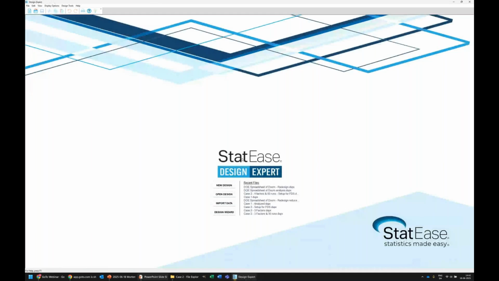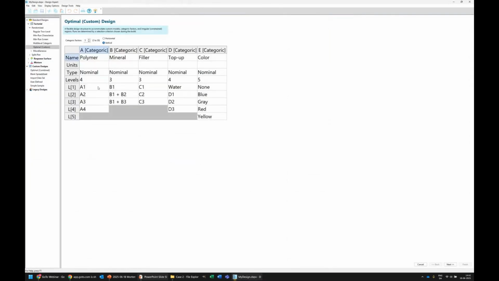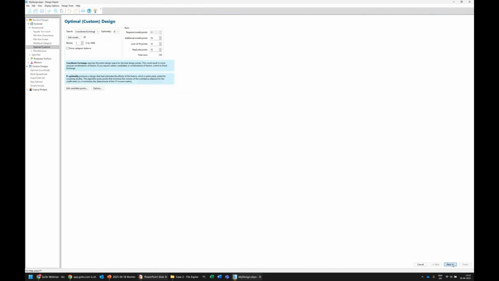So I've prepared another option here where we imagine it was possible to just remove 2 levels from this factor, leave everything else as it was before, and still aim at the goal of building a 2-factor interaction model.